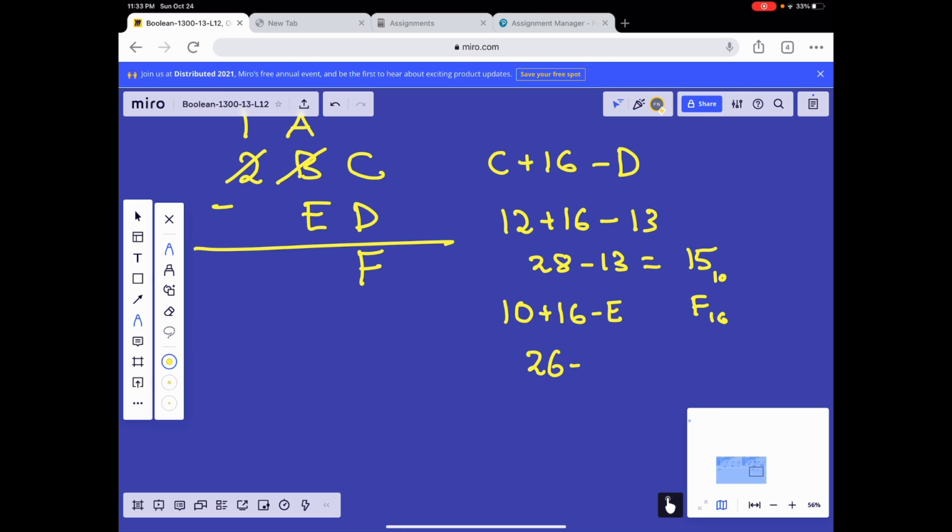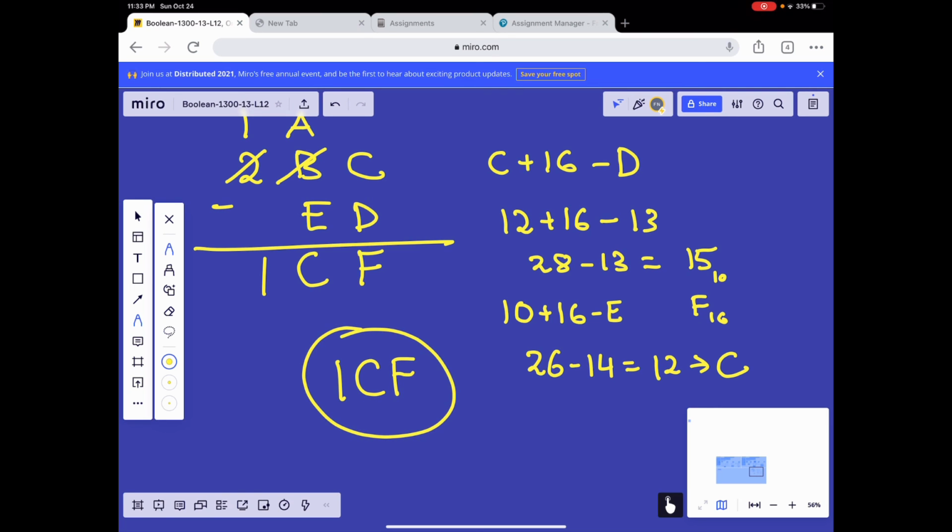Subtract E. E is 14. So 26 subtract 14 equals 12. You change back to hexa. C is 12. So write out C. And then the 1, bring it down. So the answer is 1CF.